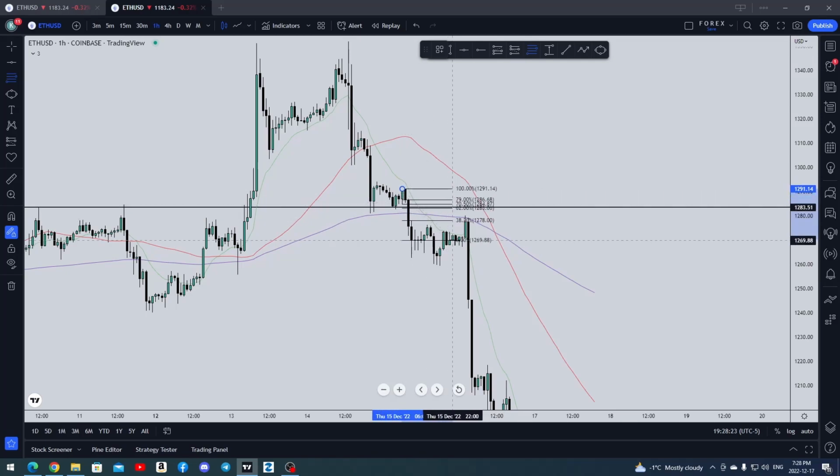I don't use the wicks, I use bodies, to the lowest body of that move, and you wait for your 62 retracement. Again, in confluence with the 200 moving average or any moving average, that just adds more confluence to your bias, but it makes that price level stronger, which makes it more likely to retrace to that 62 level.